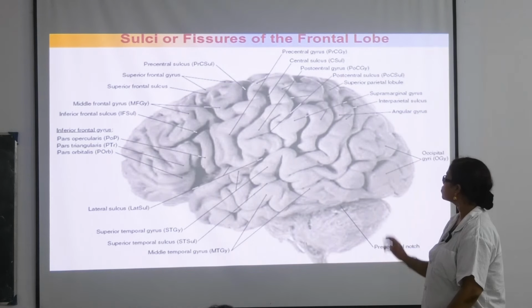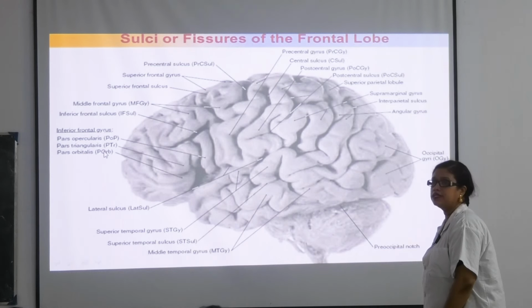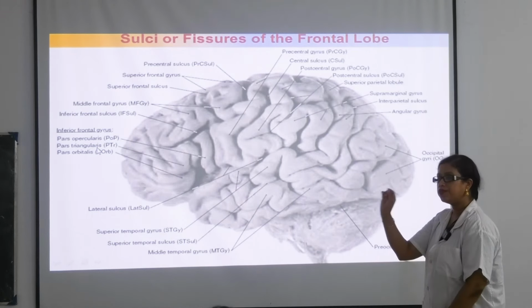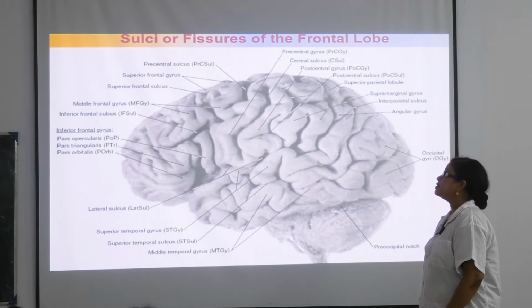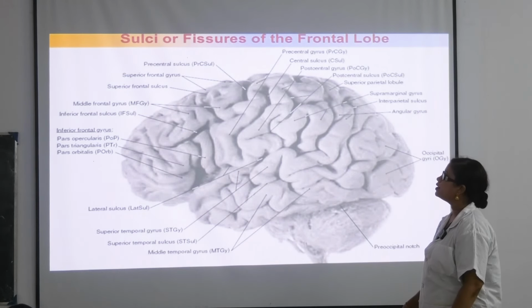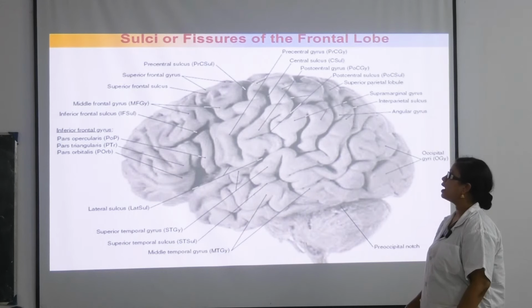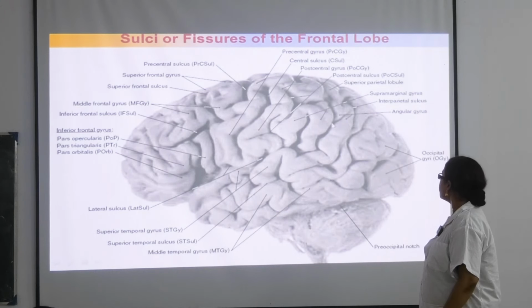আচ্ছা এখানে কিন্তু জাইরাস গুলো খুব ভালো থ্রুআউট দেখা যাচ্ছে. ঠিক আছে, আচ্ছা এইখানে তুই দেখ ইনফিরিয়র ফ্রন্টাল জাইরাস ইজ এগেইন ডিভাইডেড ইনটু কতগুলো পার্ট থাকে? 3টে পার্ট থাকে. ওকে, জাস্ট রাইট ইট ডাউন, ইনফিরিয়র ফ্রন্টাল জাইরাস ইজ ফার্দার ডিভাইডেড ইনটু 3 পার্টস. পার্টস অপারকুলারিস, পার্টস ট্রায়াঙ্গুলারিস and parts orbitalis. ওকে, এখানে সব জাইরাস এন্ড সালকাই গুলো আবার দেখিয়েছে.